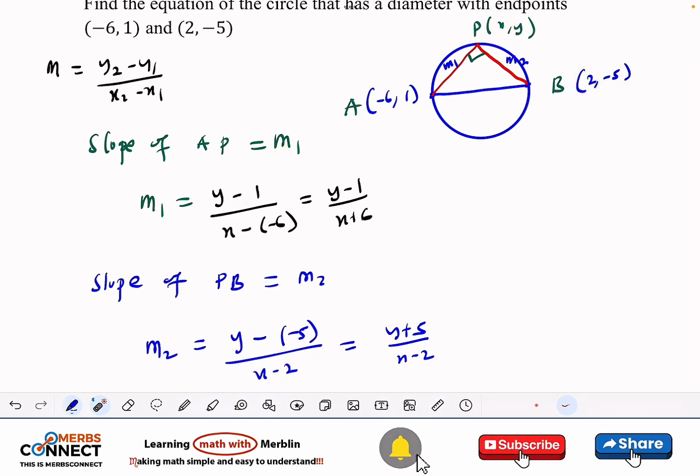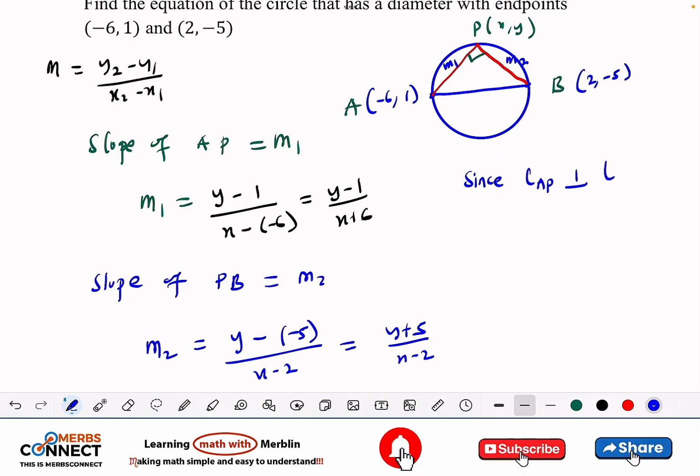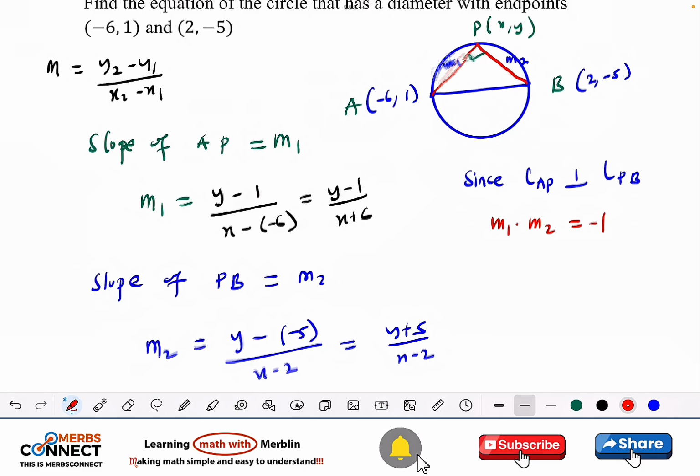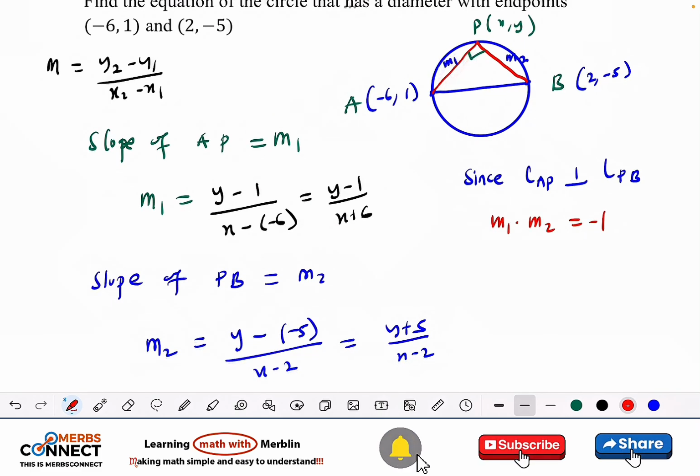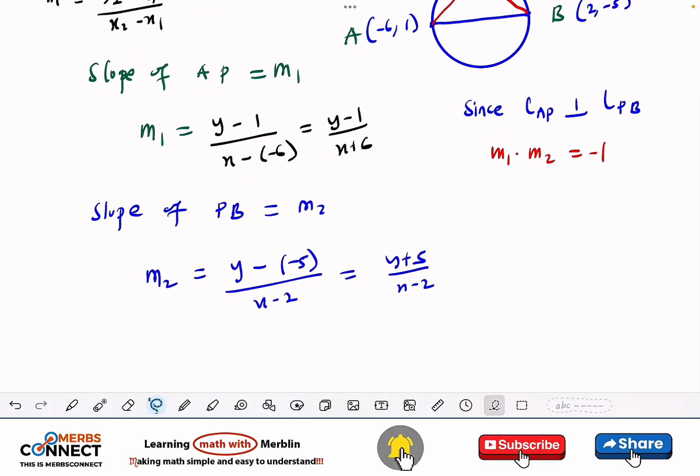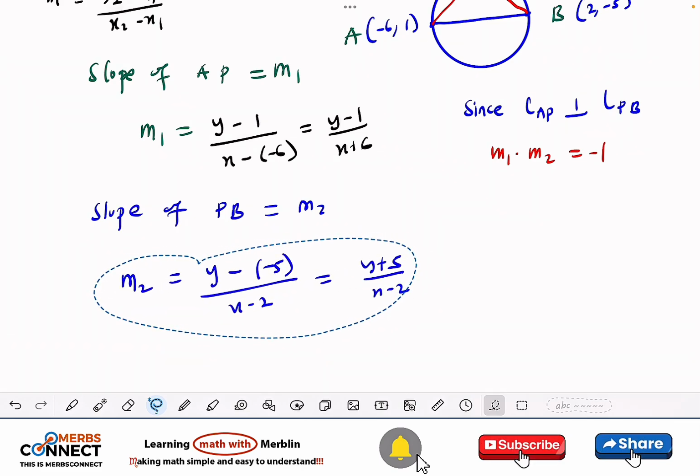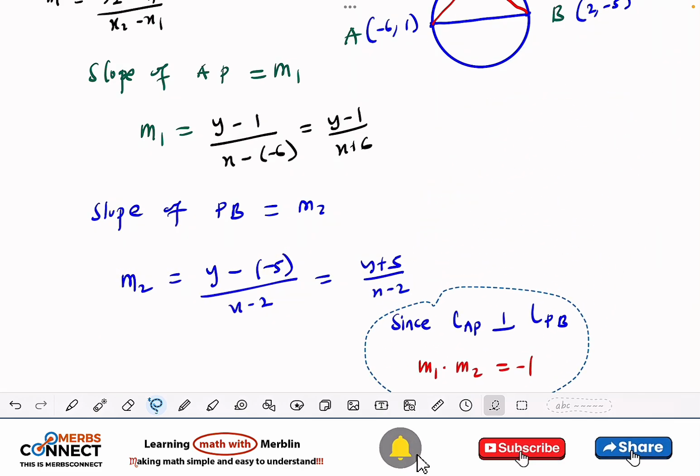Now remember, since line AP is perpendicular to line PB, then M1 times M2 should be equal to -1. Perfect, so that's what we are using here. Let me drag this down so we can continue.